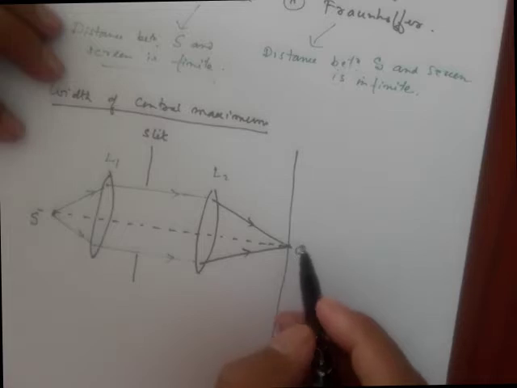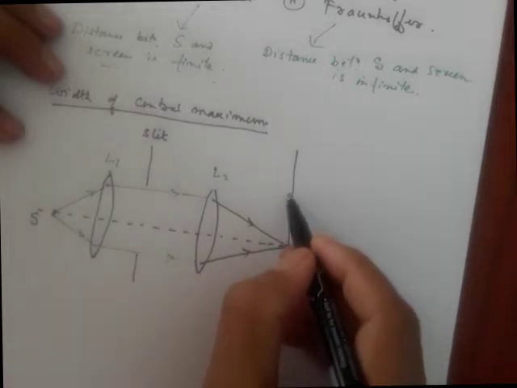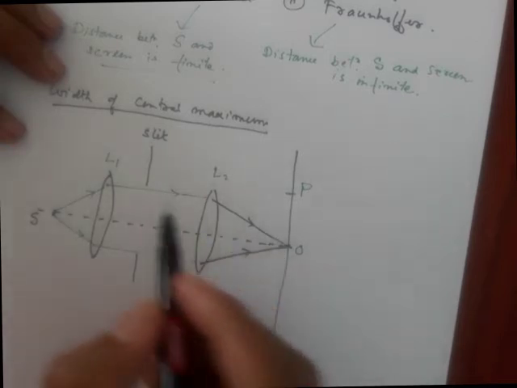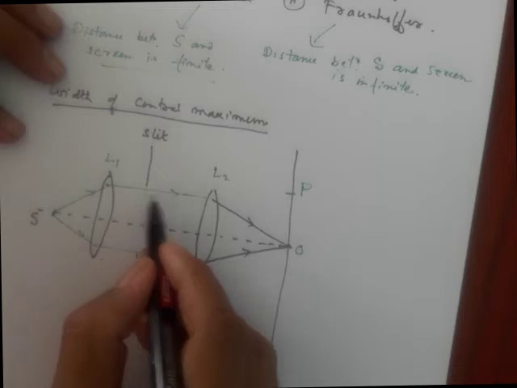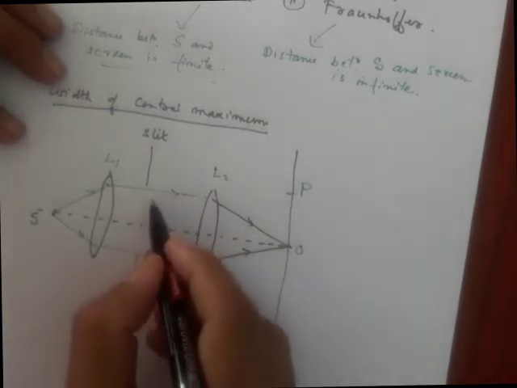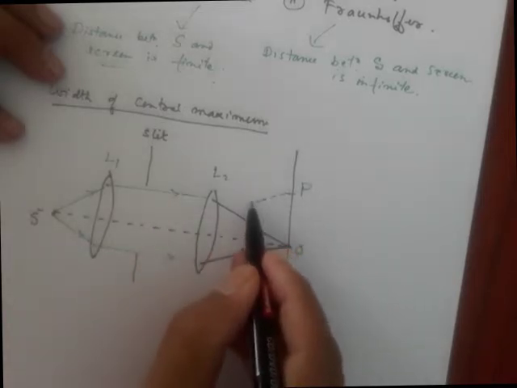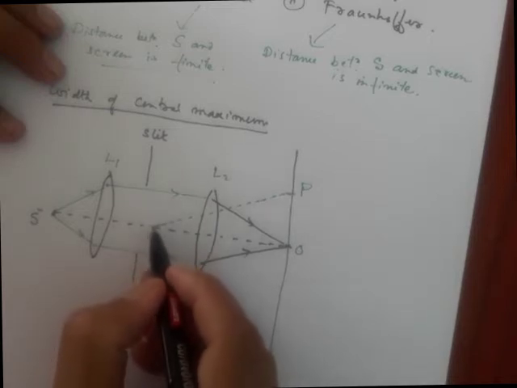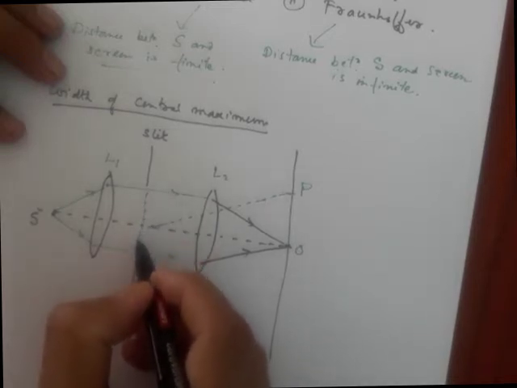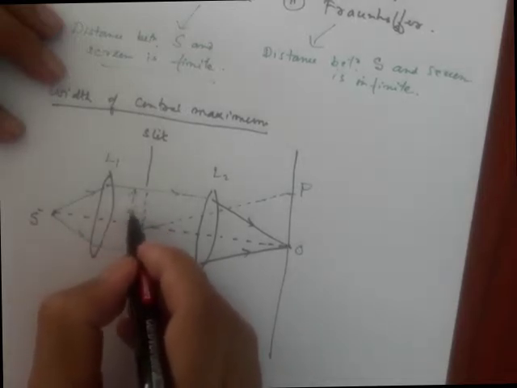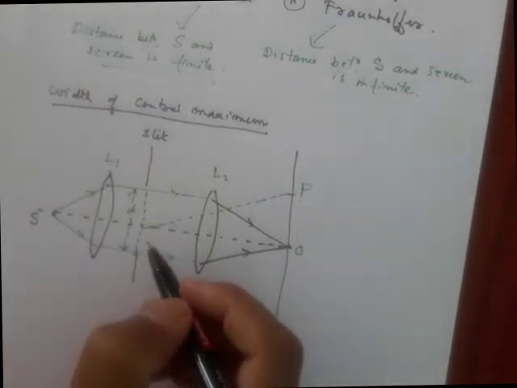Then I'm going to choose a point P here, somewhere P. Say the same ray has to be focused here at the point P. Then we're going to have another line, seemingly coming out from here, and this is the separation or opening. Width of the opening is d. This is what we call the width of the slit.